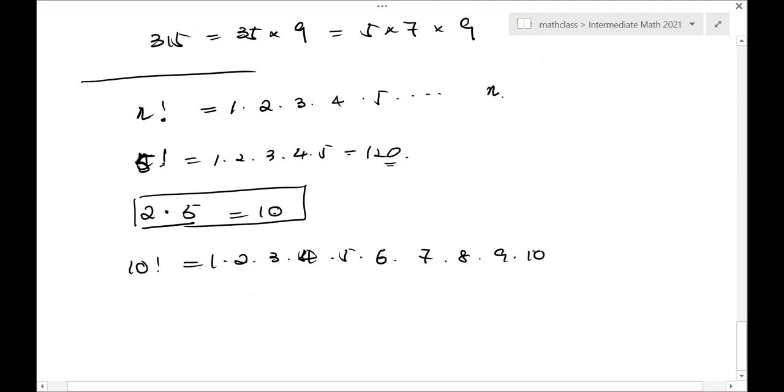I want to know how many zeros it has at the end if you multiply them out. Even without getting the specific value of the product, can we figure out how many zeros there are?